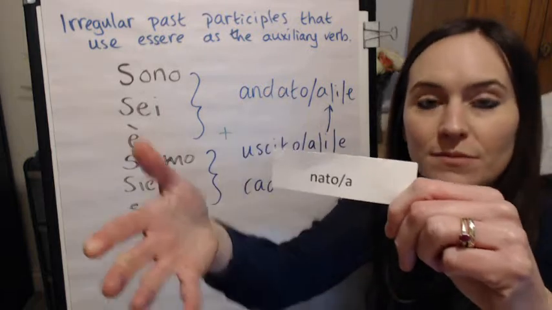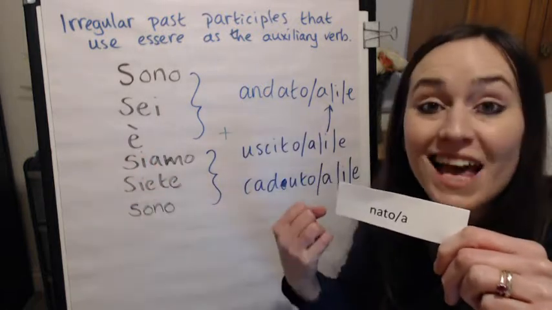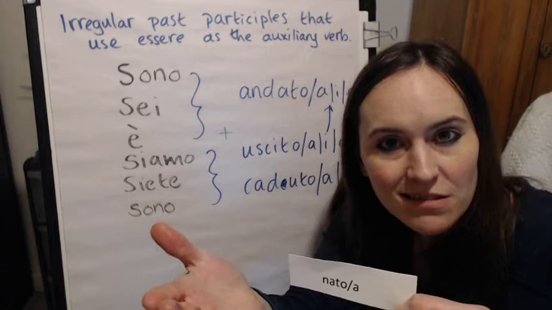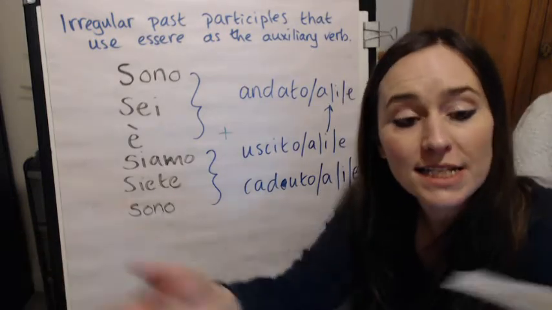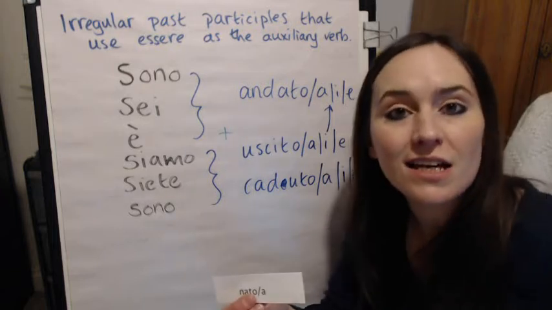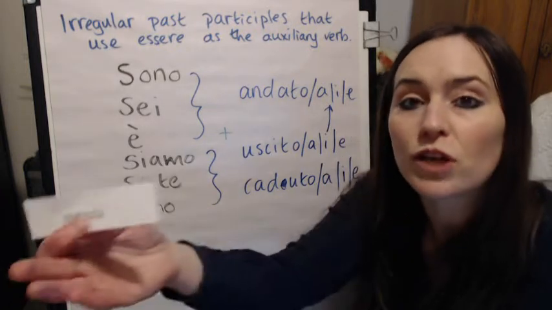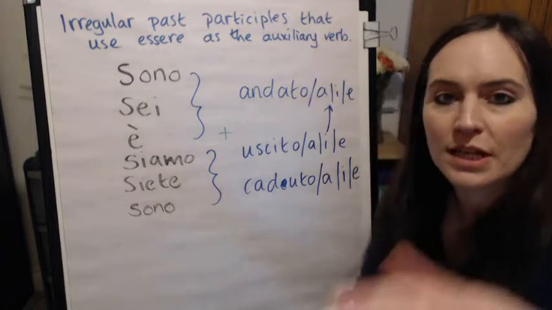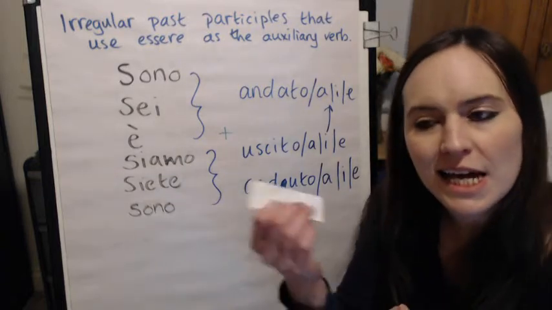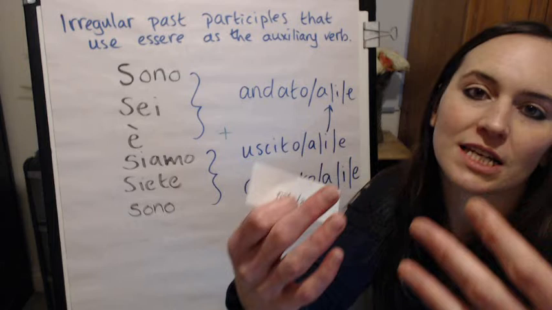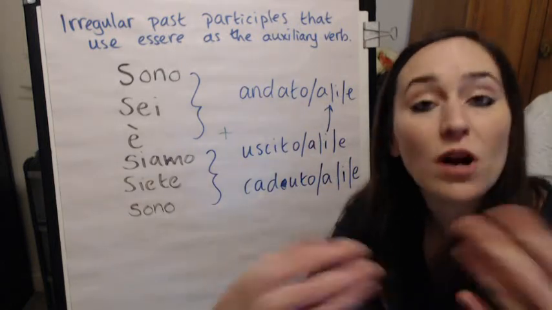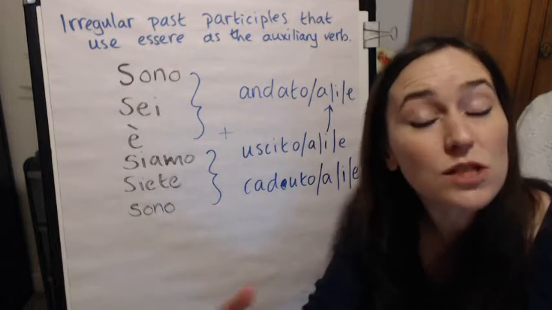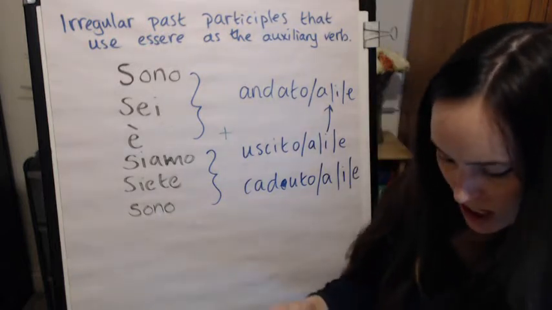So assuming that, I would say dove siete nati. If I had instead a class full of ladies, I would say dove siete nate voi. Okay, asking you all. So it's important to get the ending right because it should agree with the gender and number of the subject, the people you're asking, or the people, or the things even that you're talking about.